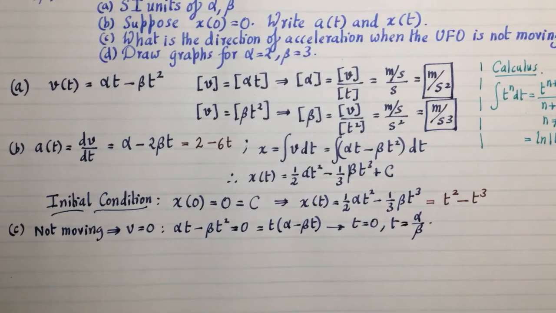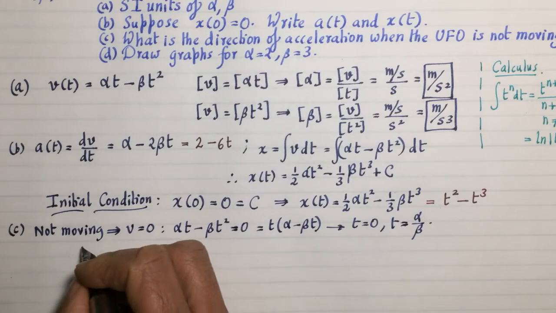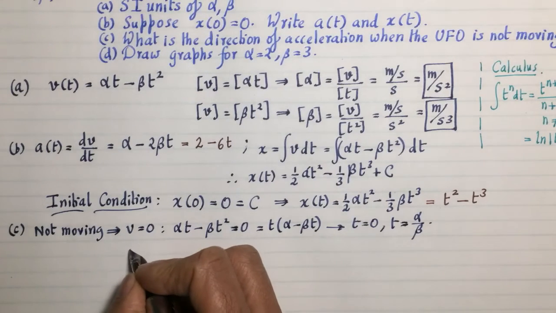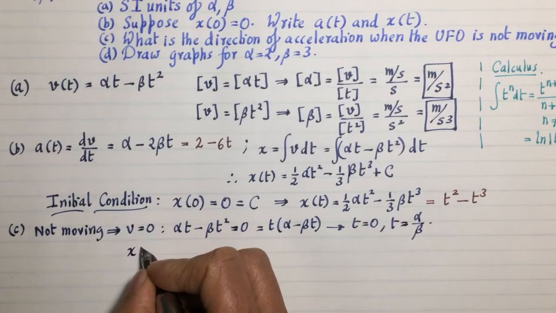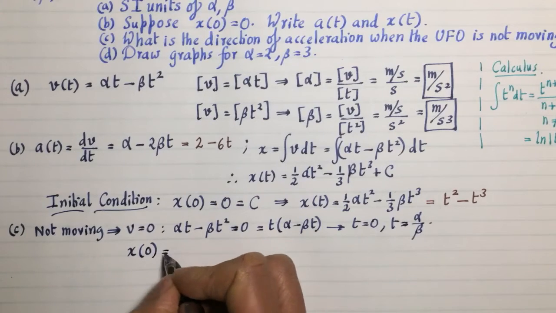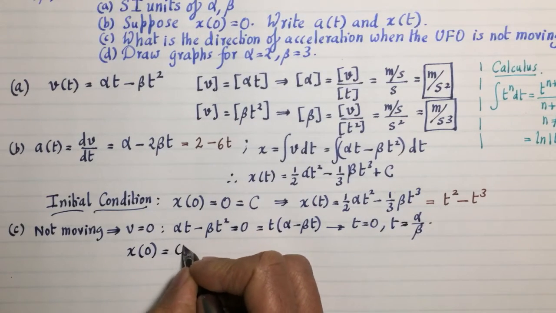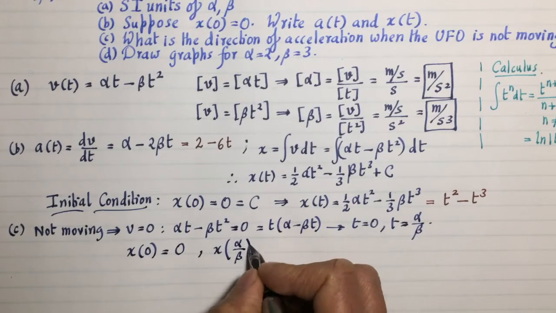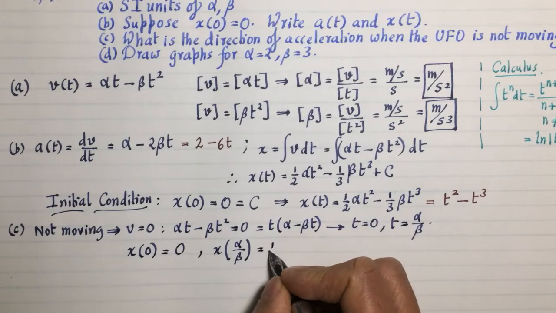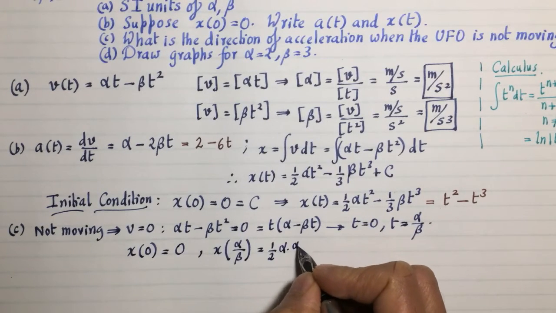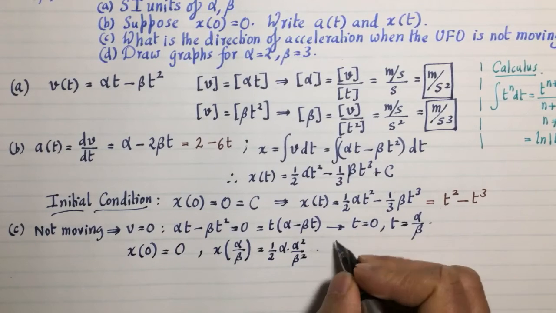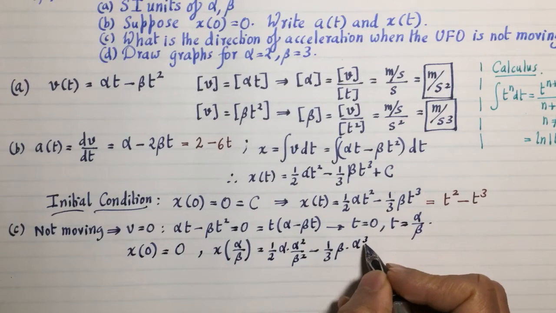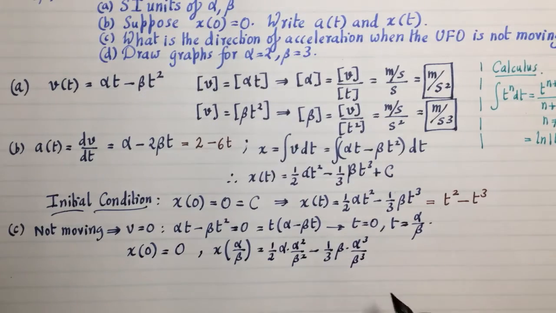All right. Now, just for fun, let's also find the locations of x, even though it's not asked. What is x of 0? When you put 0 here, I get x of 0 is also 0. And let's also find out what is x of alpha over beta. When you put alpha over beta here, I'm going to get 1/2 alpha squared over beta squared minus 1/3 beta alpha cubed over beta cubed.